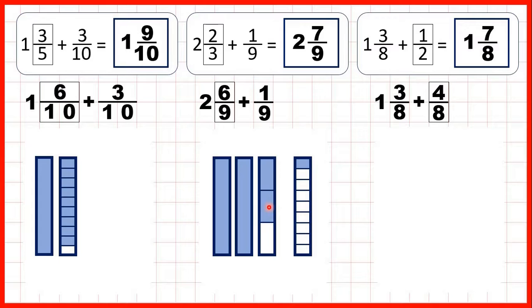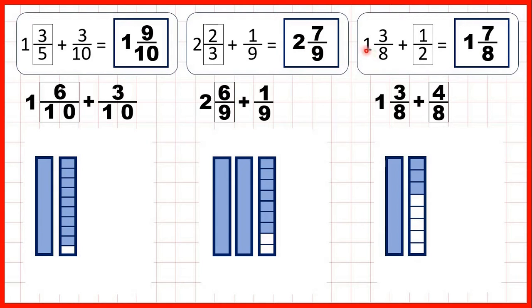But 2/3 is the same as 6/9, so when we added our 1/9, that gave us 7/9 as our fraction, and with the 2 wholes meant that we had 2 7/9. Finally, we had 1 3/8, and we needed to add 1/2. But 1/2 is the same as 4/8, and when we put that together, we get 1 7/8 as our answer.